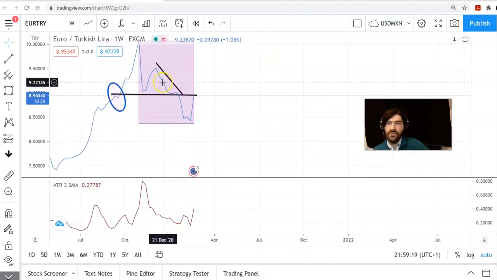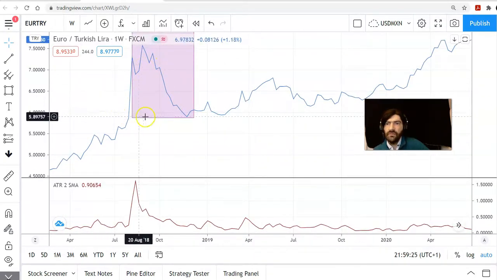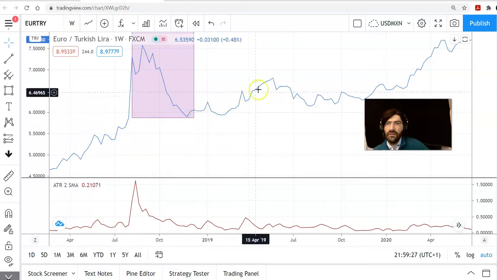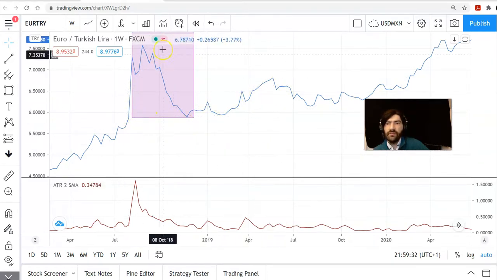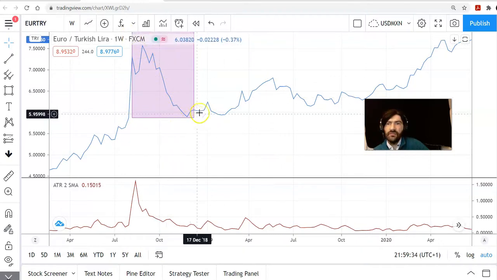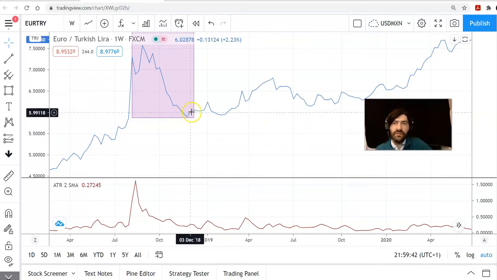Okay, so we can see the move there, and straight up here, that would be a support line. That's sort of a descending triangle, and the break to the upside, and that continued. So for that to be equivalent, we would have had to have had a break to the upside, and then a significant pullback.